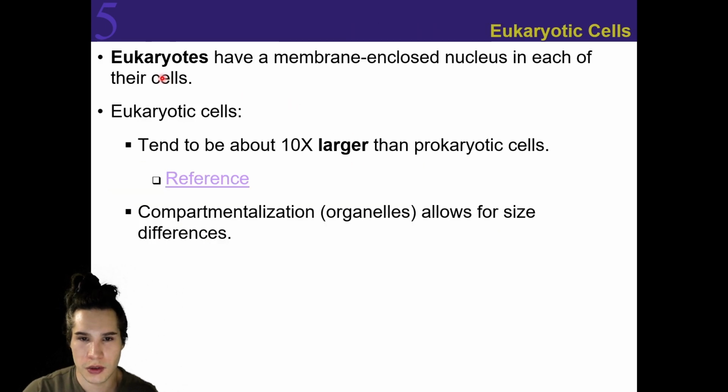So eukaryotes have a membrane-enclosed nucleus in each of their cells, and eukaryotic cells tend to be about 10 times larger or even larger than many prokaryotic cells. Their compartmentalization is what allows for those size differences.